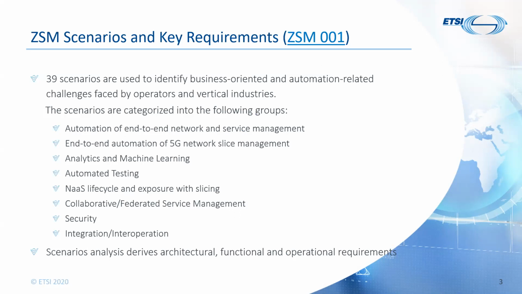There are several scenarios captured in this category, and example requirements include the capabilities to perform automatic management for compute, storage, network function, and for all domains, including the RAN, transport, and the core.